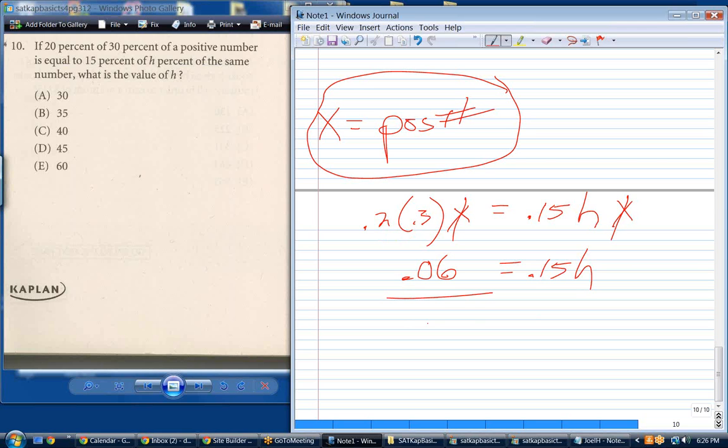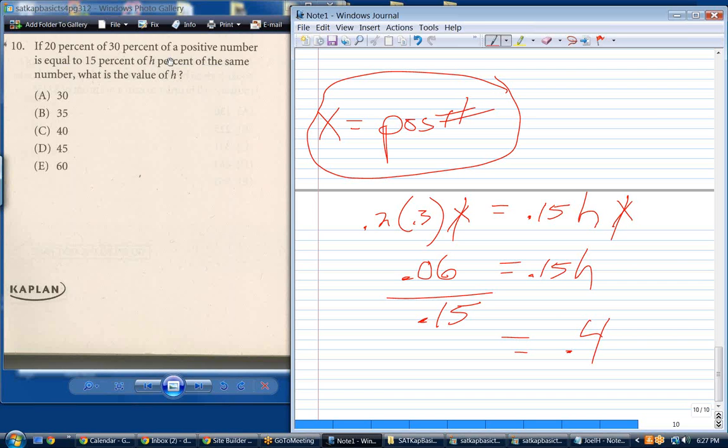Now, what's 0.06 divided by 0.15? 0.4. Which is what percent? 40. Okay, that's the answer. So it worked. Well, not really. We didn't back solve it. Remember, I started to back solve it, and I saw that there was going to be a problem, and that we still didn't know the positive number.